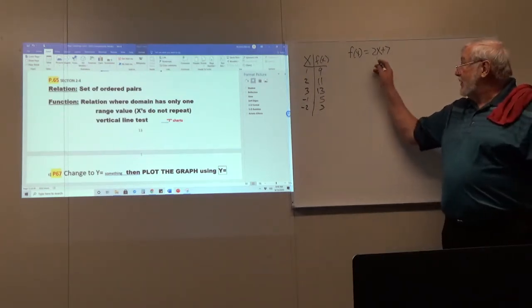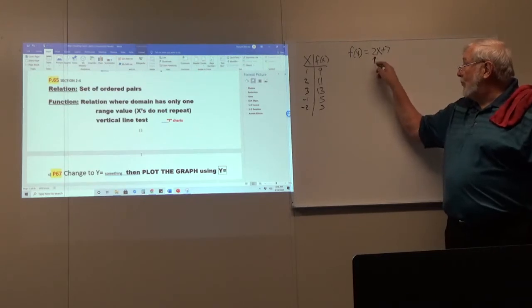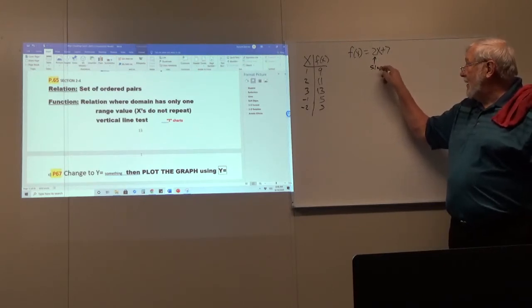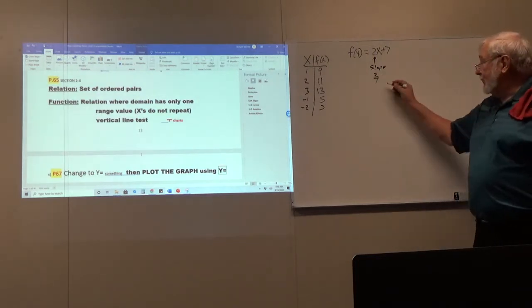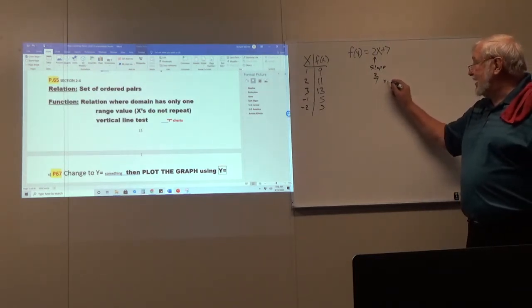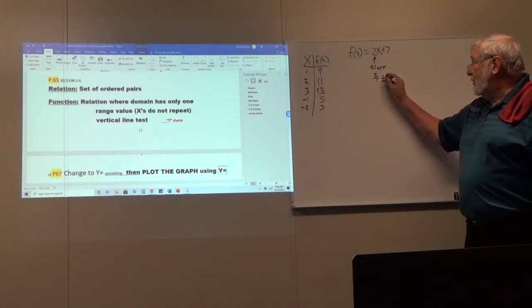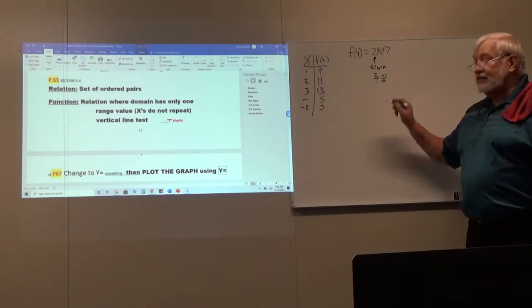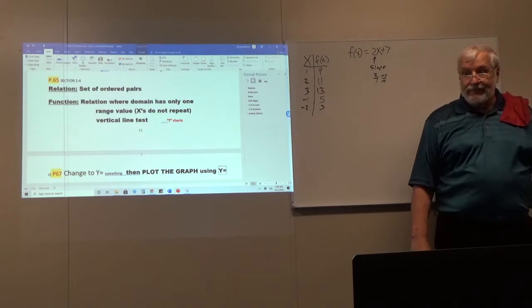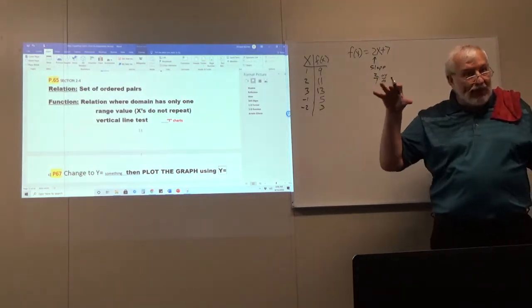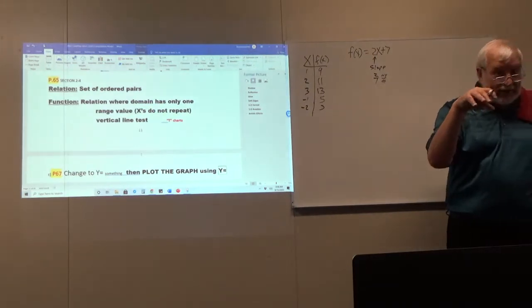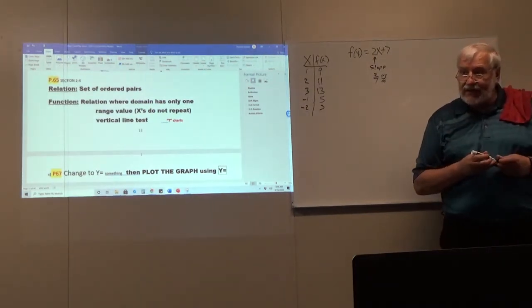This is still the slope of the line, and the slope is 2 over 1. Every time the x changes 1, the y changes 2. That takes our slope from Algebra 1 and gives it a little deeper understanding.